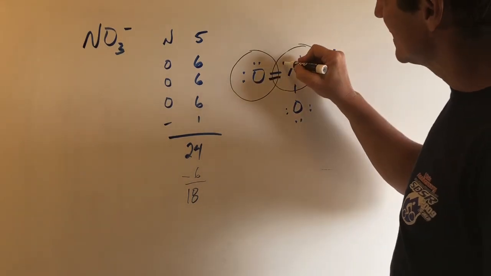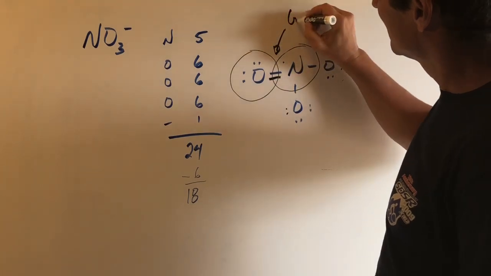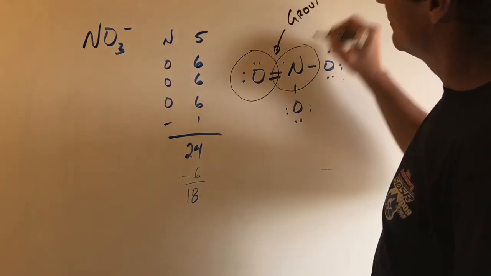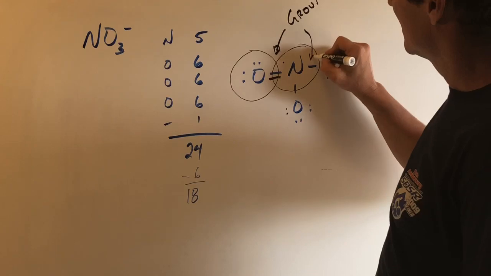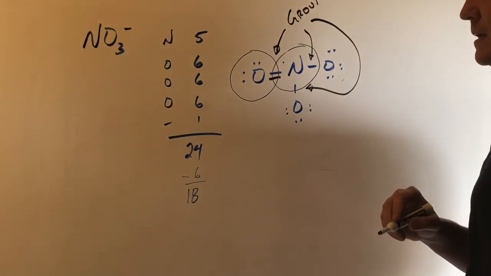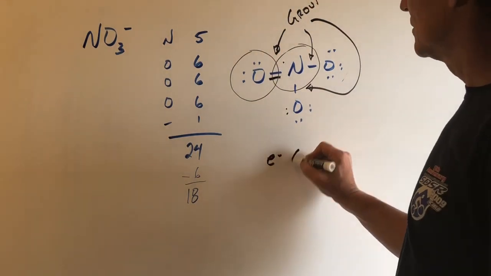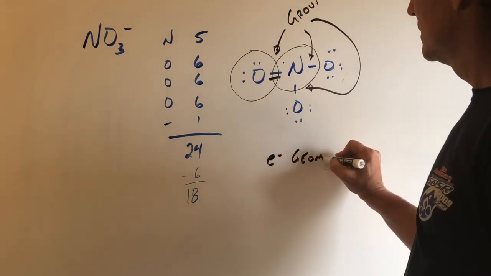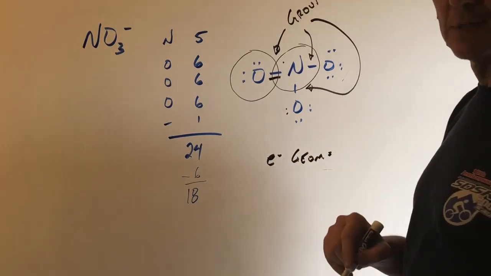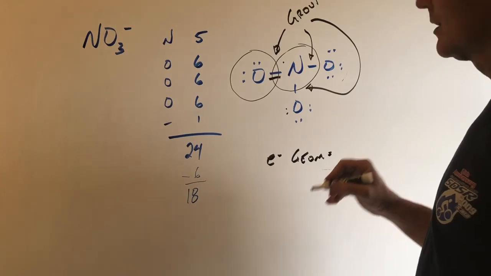So this right here gets too scribbled. That's a group. Even though it has 4 electrons, that's a group, and that's a group. So in this case, I have 3 groups of electrons, which means my electron geometry, count to 3, answer: it's going to be trigonal planar.